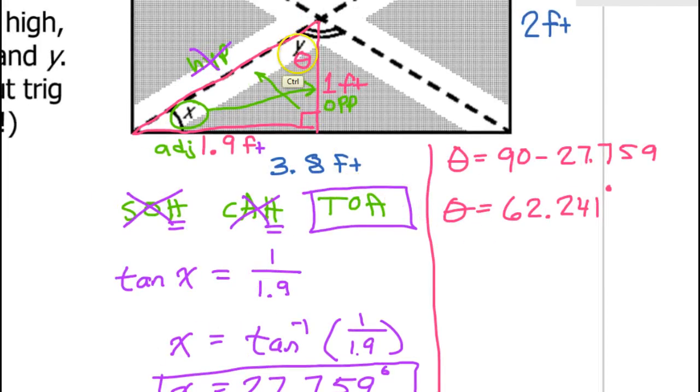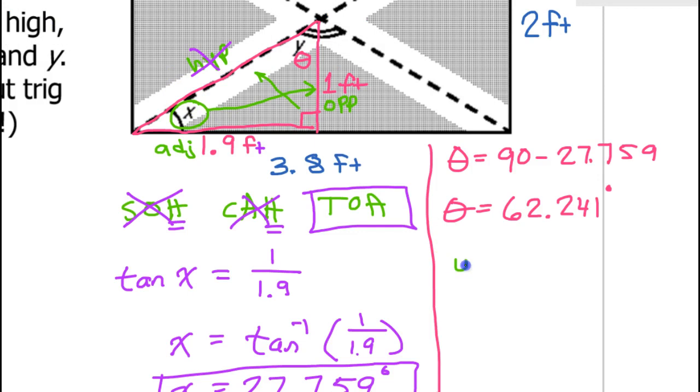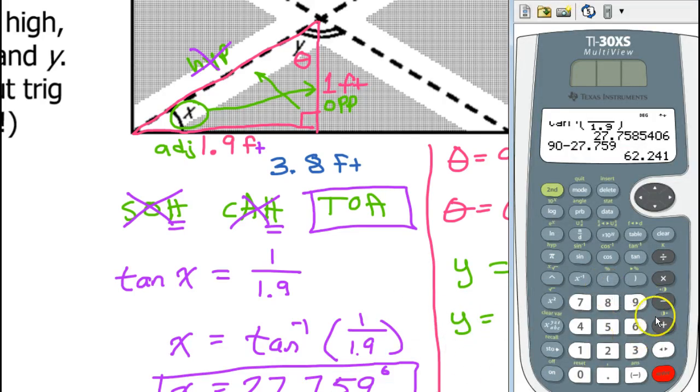Okay, now remember angle theta is half of angle y. So if I want angle y, I'm going to have to double this. Alright, I feel like I should change colors when I change variables. I'll go to green. So angle y should be twice the size of angle theta. Okay, so I'm just going to take this value and multiply it by 2.